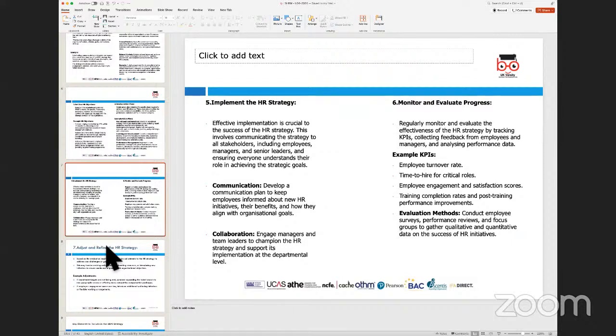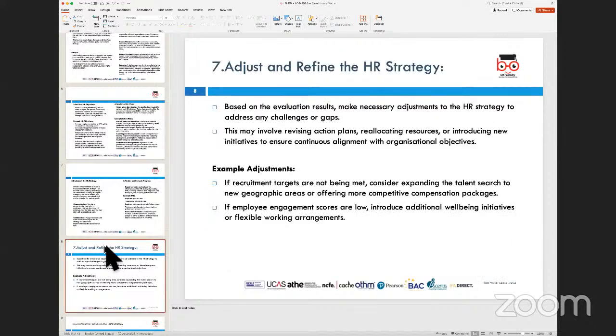But apart from that, once you start implementation of that plan, you would look at what are the key performance indicators in terms of the employees that you recruit, or the money that you're spending in terms of training and development, and whether this is leading to employees being more productive and efficient. And then if things are not going as planned, as I mentioned, you adjust and refine your strategy.